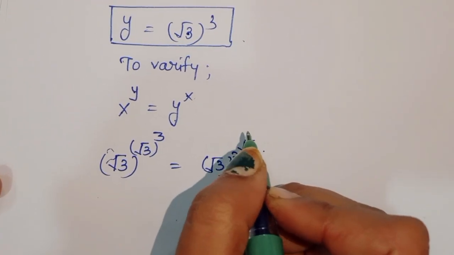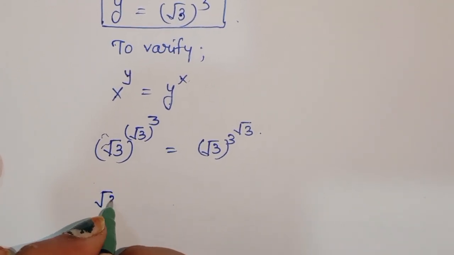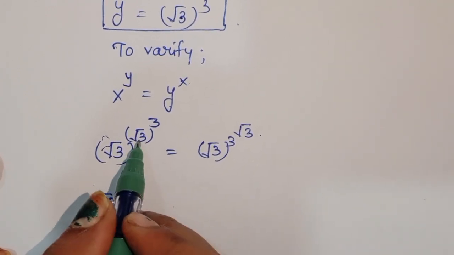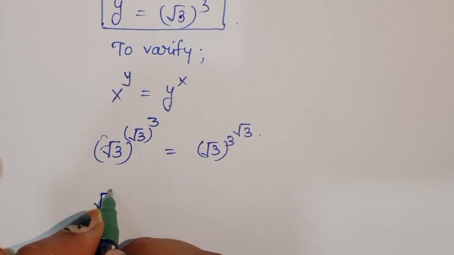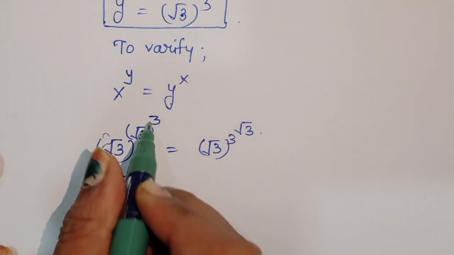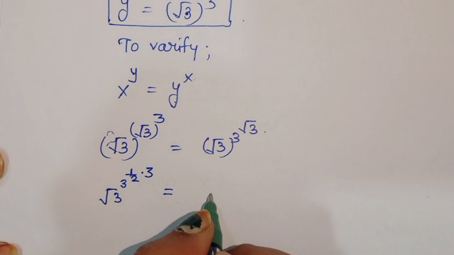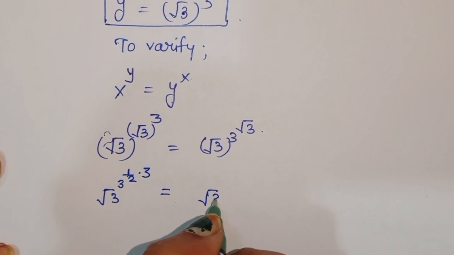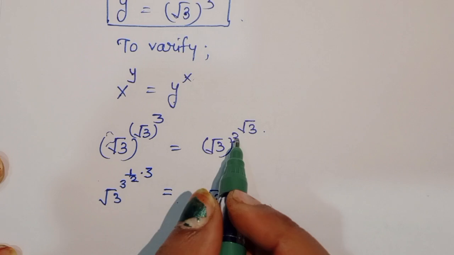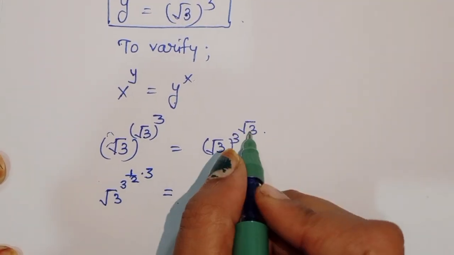Here x is the square root of 3, so we can write this as 3 raised to 1 by 2 times 3, is equal to the square root of 3, that is 3 raised to 1 by 2.